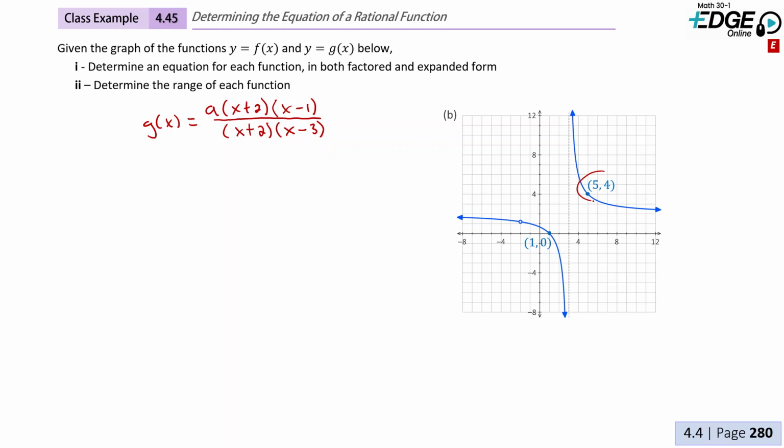I'm going to use the point (5, 4) to sub in for my x and my y values because that was the point that was given. So this would be 4 is equal to a times 5 plus 2 times 5 minus 1 over 5 plus 2 and then 5 minus 3.